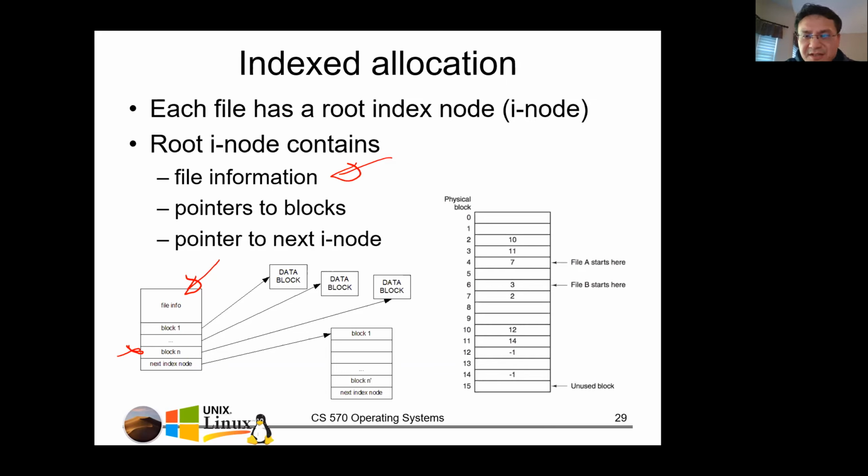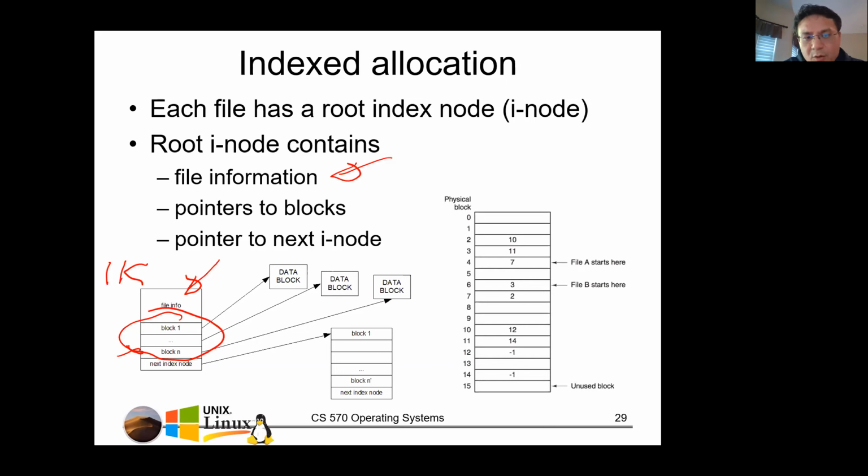And in Unix, each data block is usually 1K size. So if you have 10 blocks here, what would be the file size? That would be 10K, right? So if you have 10 direct pointers, that means the 10 direct pointers will give you a file size of 10K.